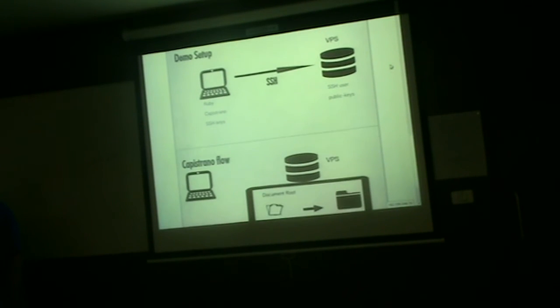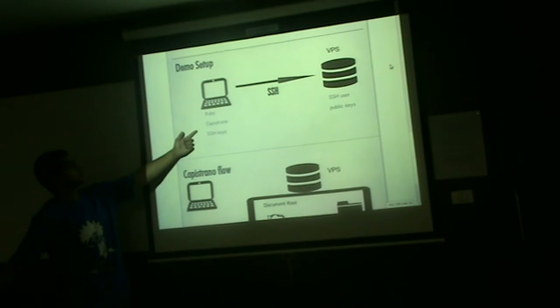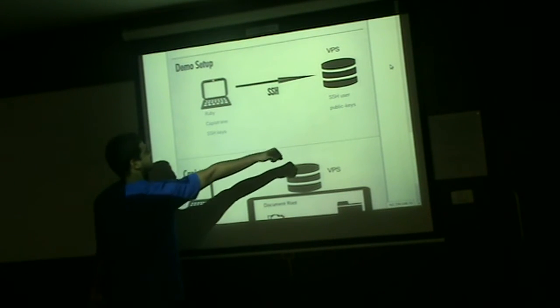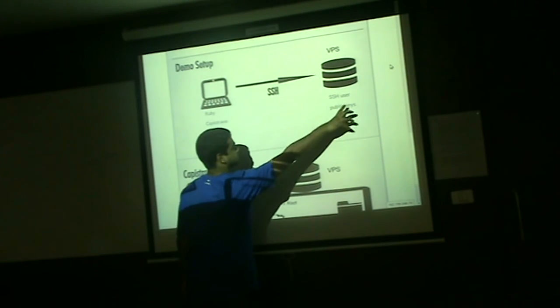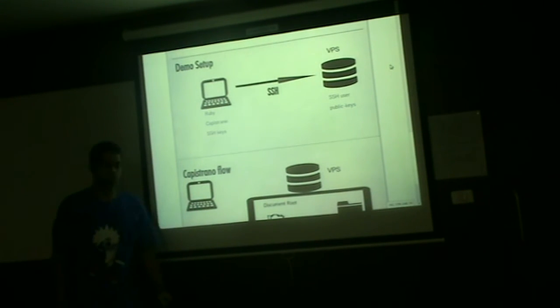Regarding the demo setup, I'll give you a quick overview of what I'll be showing. My laptop is what I'll be executing commands from, against the remote server. I have a VPS where only my SSH user is present, and I have added public keys to that user.